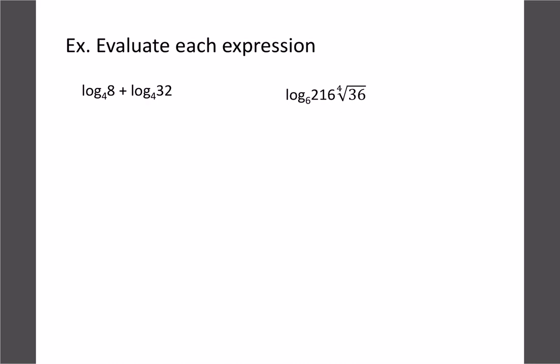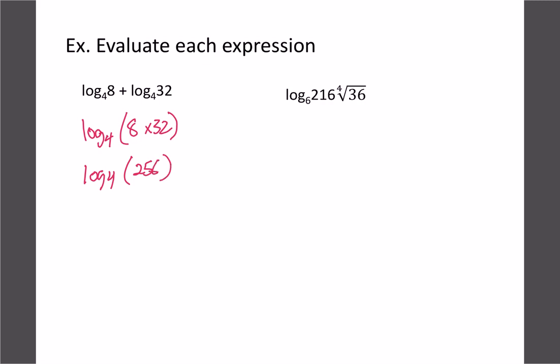So these are the same sort of thing again now, but we actually have numbers, so we can solve it to actually work out to a regular number. So if we have log 4 of 8, we're adding, so we can combine those to be 8 times 32. So that gives us log 4 of 8 times 32 is 256.